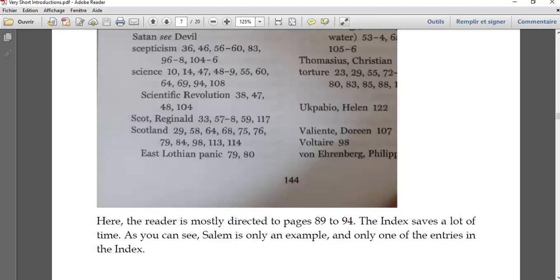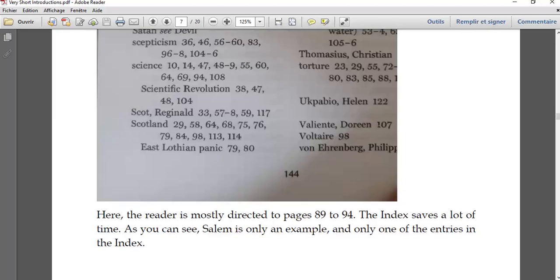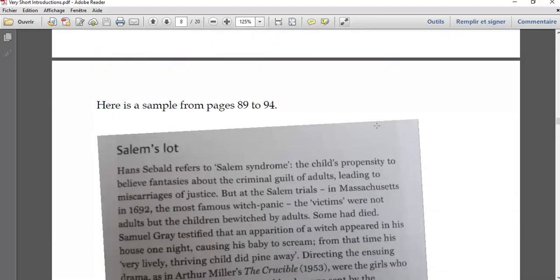So this is also a way in which you can select what books you're going to use or not. No index, leave it aside, don't bother, unless you are really certain that this is an important book, unless of course the book has been recommended by one of your professors or lecturers.